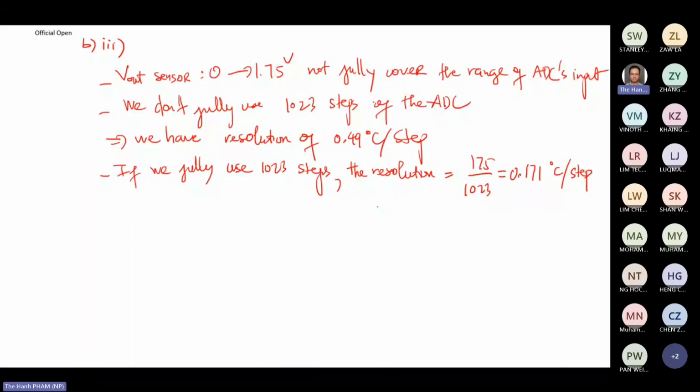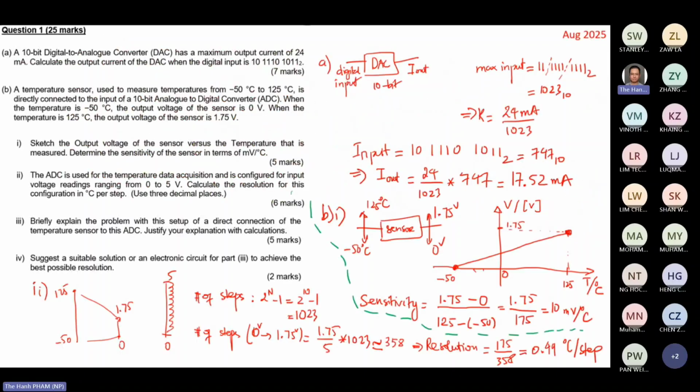Which is better than 0.49 degrees Celsius per step. Okay, so you can use your own words, because this one we already mentioned in the tutorial as well.